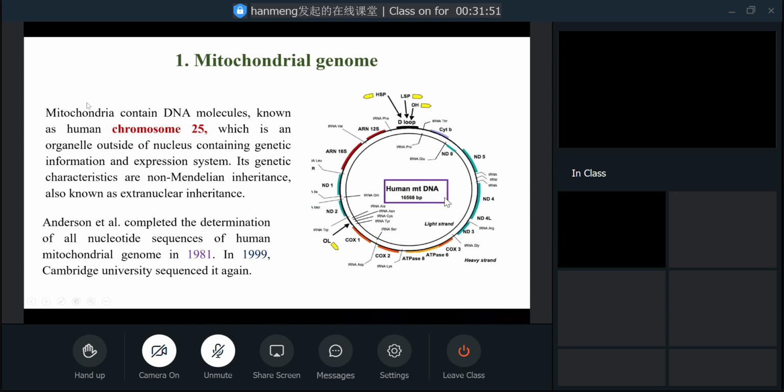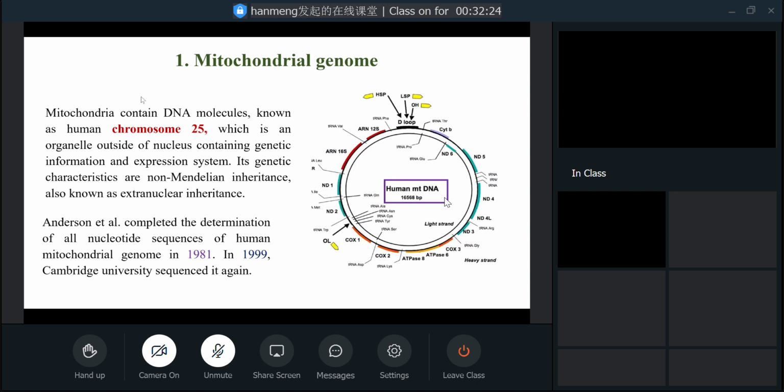The mitochondrial DNA is also known as the human chromosome 25. Do you know why it is named chromosome 25? We know that we humans have 22 pairs of autosomes and the X and Y chromosomes.